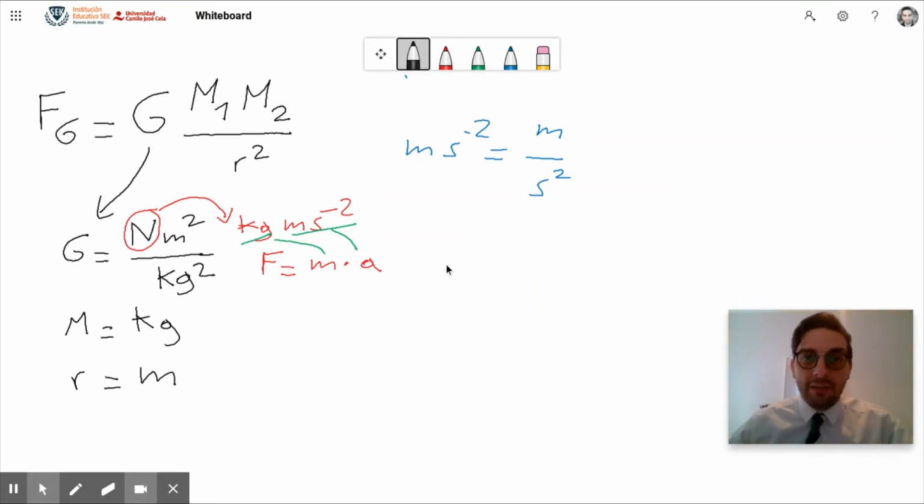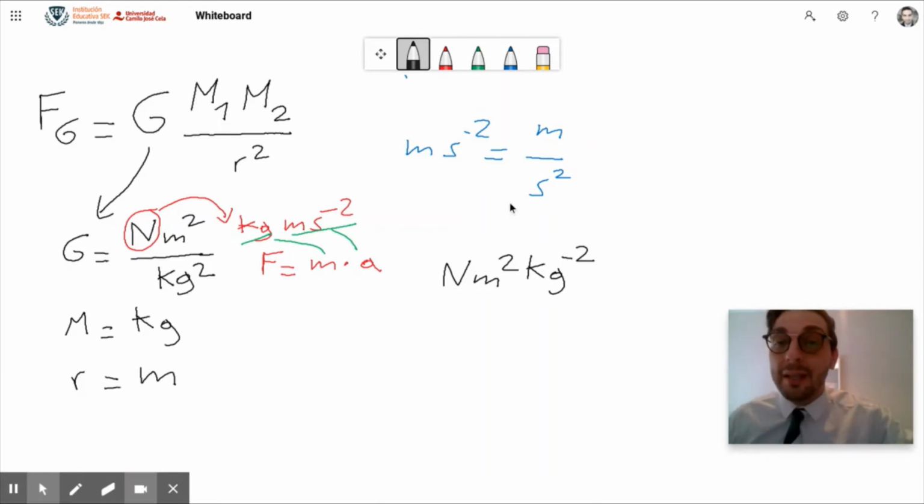So we have here that G is Newton meter square over kilogram square, so we can write it with kilogram to the negative square, so we know when the exponent is negative that it goes under. Take this example: a number multiplied by a negative exponent is a fraction. Now that we have it clear.